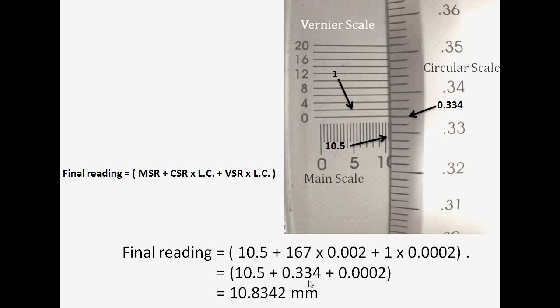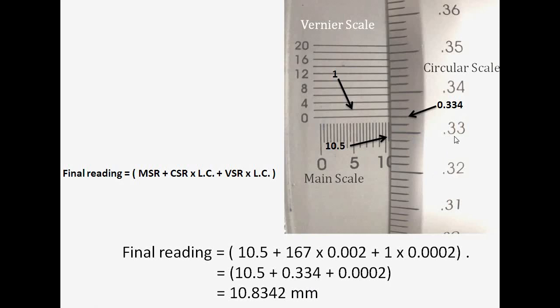Normally, the manufacturer of this machine made one good modification for ease of reading. You can see here they have directly written 0.32, and after 5 divisions they have written 0.33.